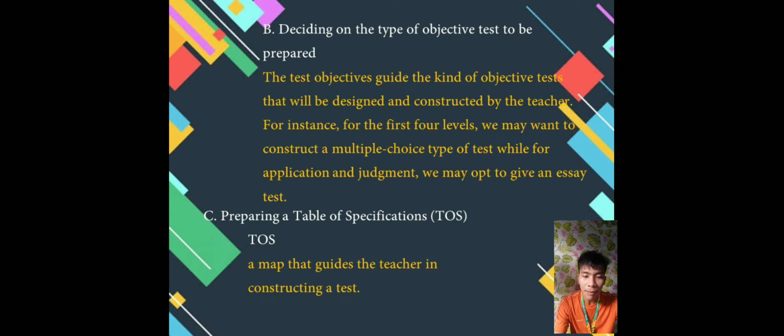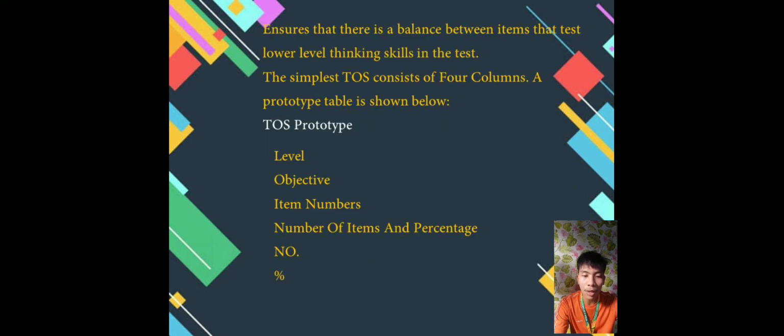And letter C, preparing a table of specifications, or what we call TOS, a map that guides the teacher in constructing a test to ensure that there is balance between items that test lower level and higher level thinking skills in the test. The simplest TOS consists of 4 columns, a prototype table is shown below.